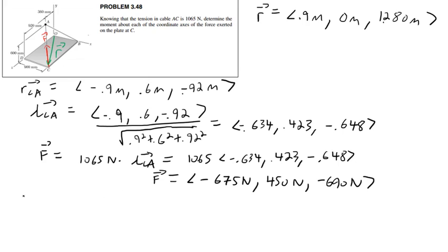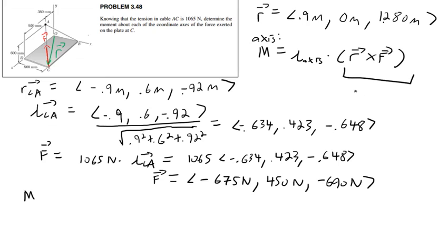So let me find the moment vector next. The moment about an axis is going to be lambda of the axis dot r cross F, like we've seen before. But this here is just the moment vector about a point on the axis.